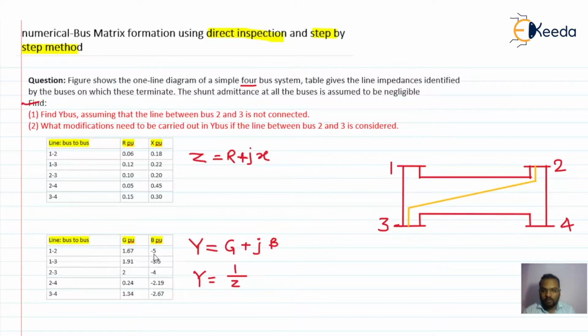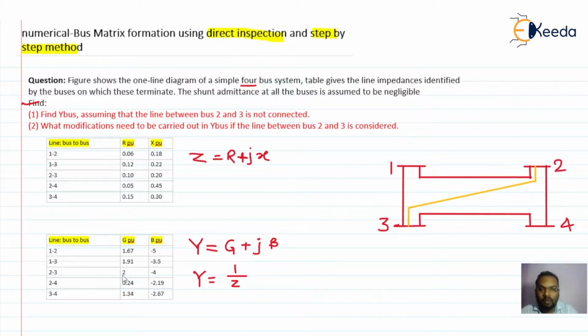Just cross verify these values. The impedance given between bus 1 and 2 is 0.06 plus j0.18. If you calculate the equivalent admittance, you will get 1.67 minus j5. This way you calculate the admittances first.